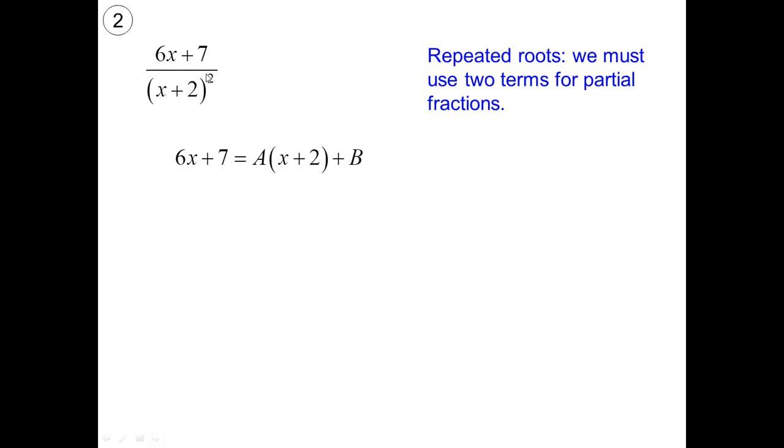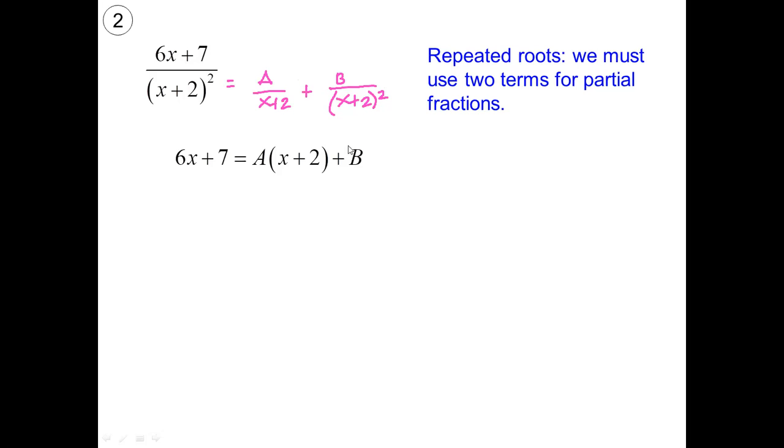It's the same actually as what we have done in the previous example. So you have here a over x plus 2 plus b over, since it's still x plus 2, you will place here x plus 2 as well, but you will square it. Should this be a 3, you should have another fraction here, c over quantity x plus 2 raised to 3.